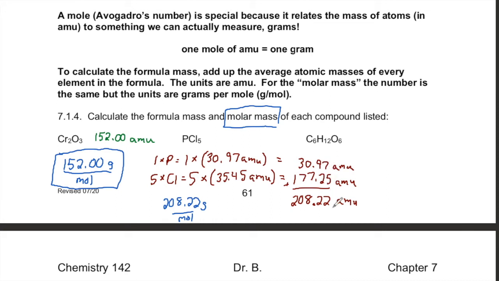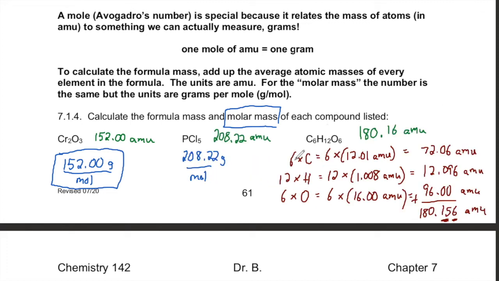And then when we add these 2 numbers, it's kind of more clear to see that we can keep 2 past the decimal. So 208.22 AMUs for 1 molecule of PCl5. This one's covalent, so we can call it a molecule. And 208.22 grams for a mole of PCl5.